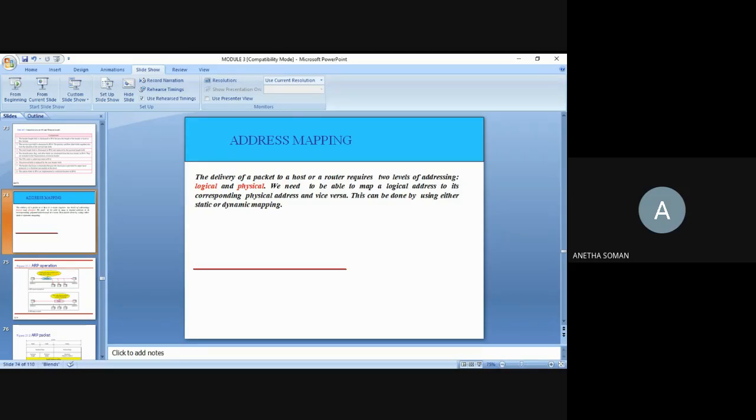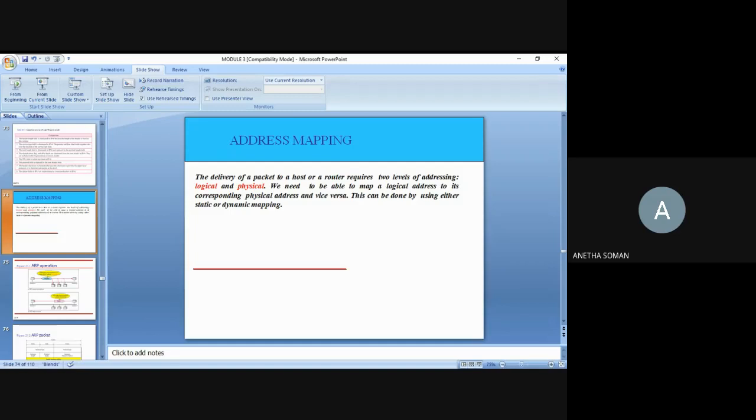To deliver a packet from the source host to the destination host, these two levels of addressing schemes are required. So you need some protocol to map physical to logical and logical to physical, and that process is called address mapping.